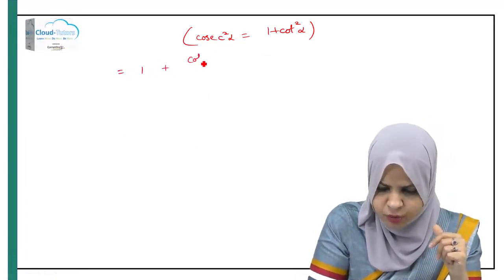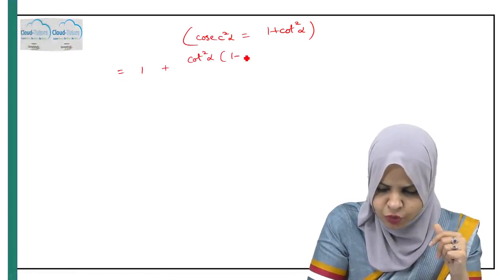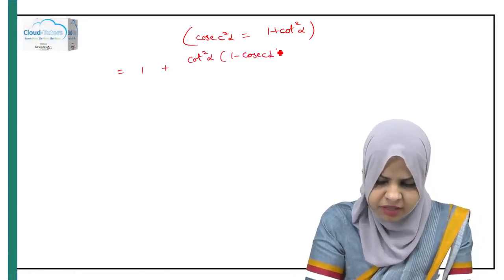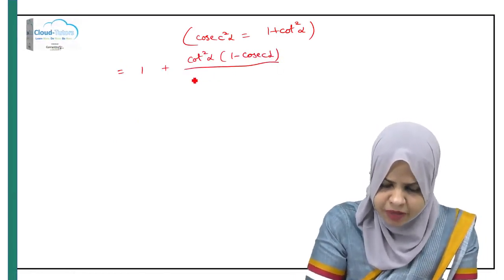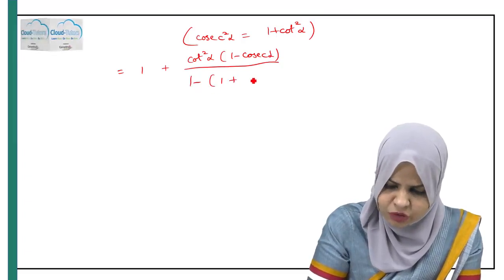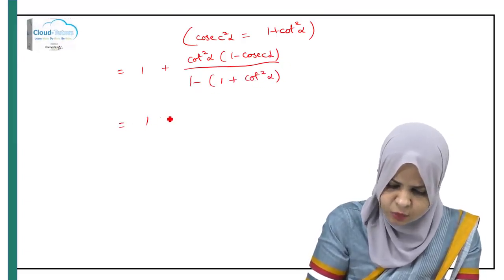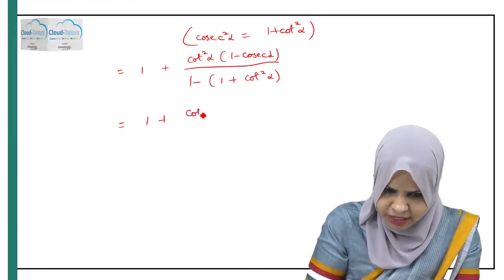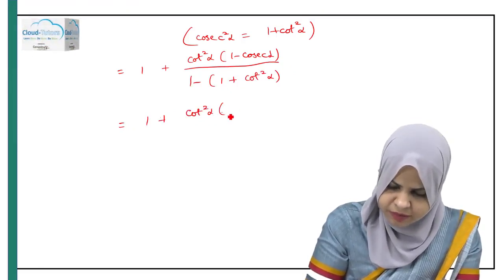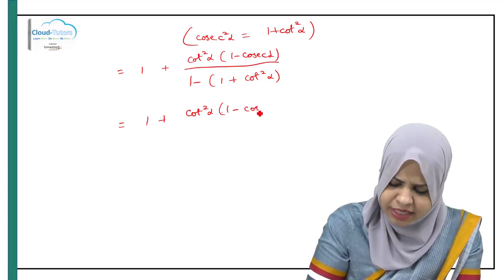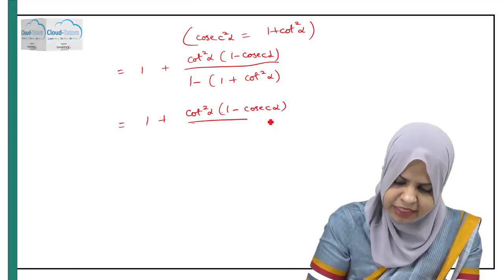(1 + cot² α)(1 − cosec α) by 1 − (1 + cot² α). Okay, now let's expand this. I'm still keeping the numerator as it is, not multiplying as of now.